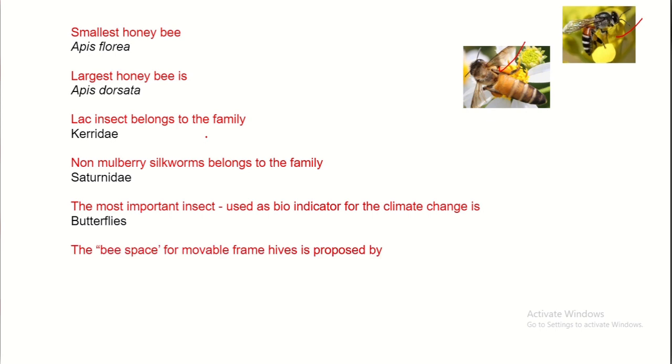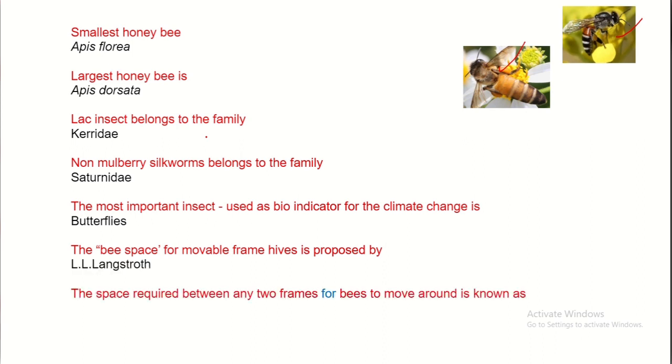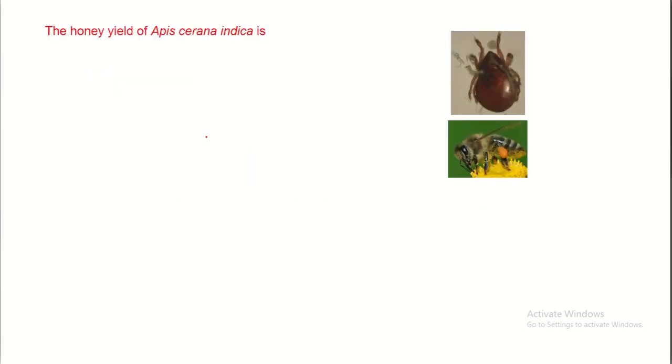The bee space for movable frame hive was proposed by L.L. Langstroth. The space required between any two frames for bees to move around is known as bee space. The honey yield of Apis cerana indica is 5 kg per hive per year.